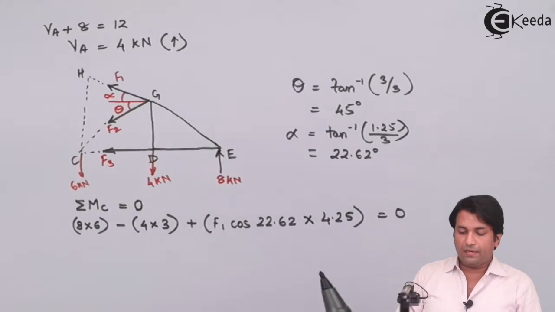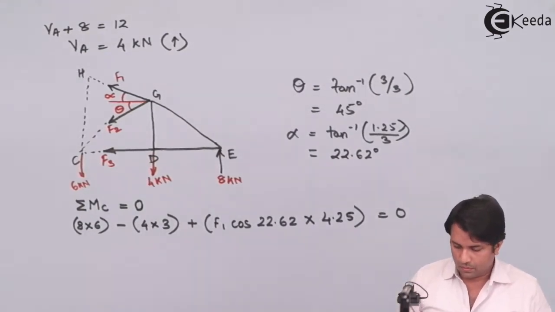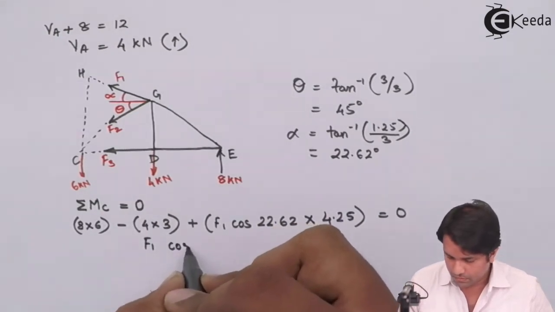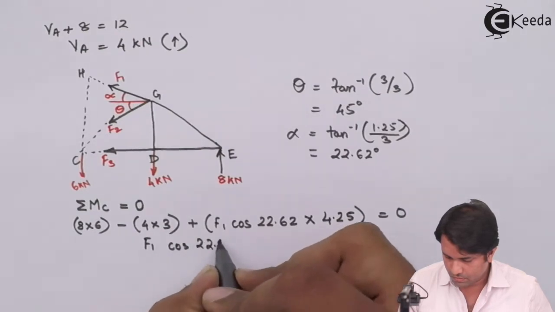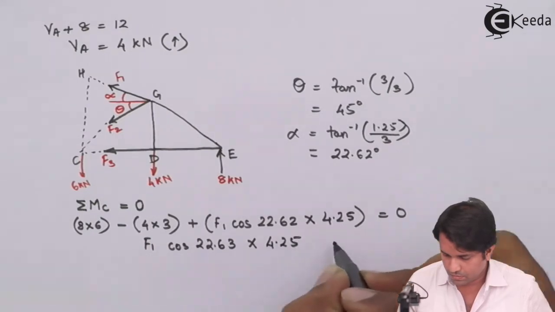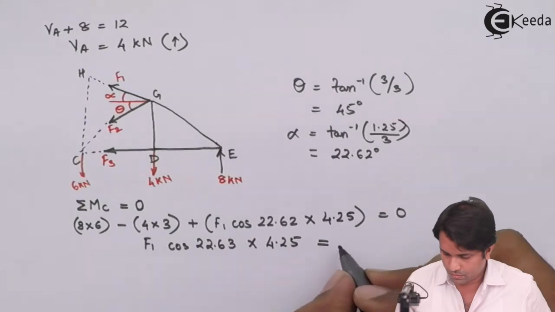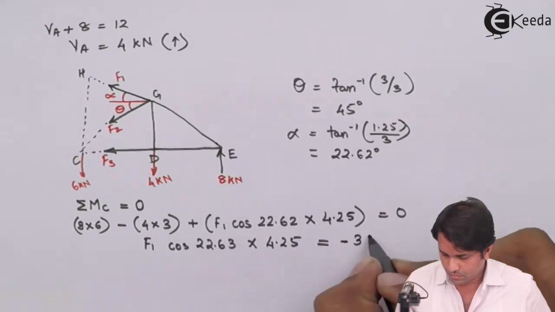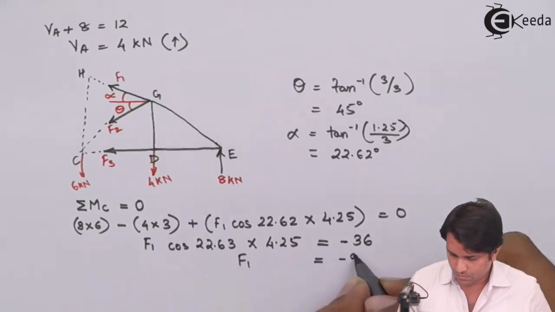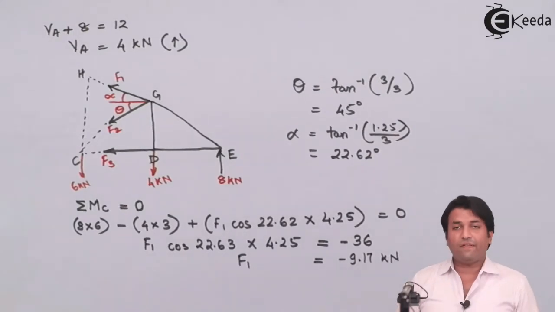Now what I will do is I'll try to find out the value for F1. I'm getting the value as negative.